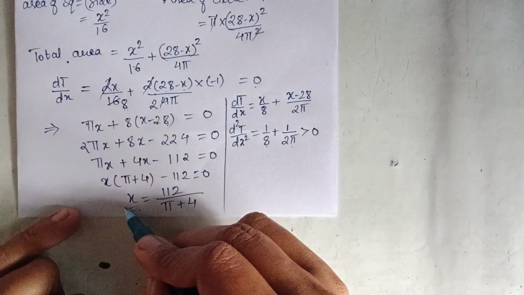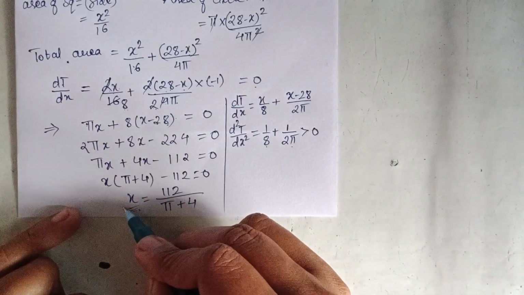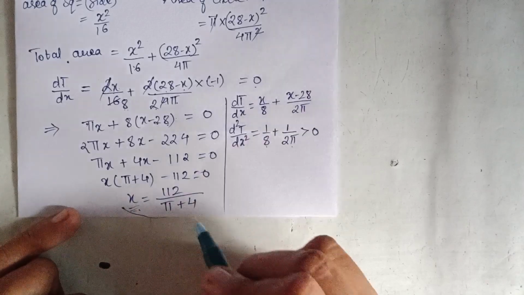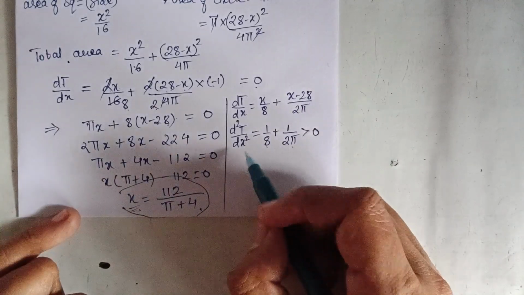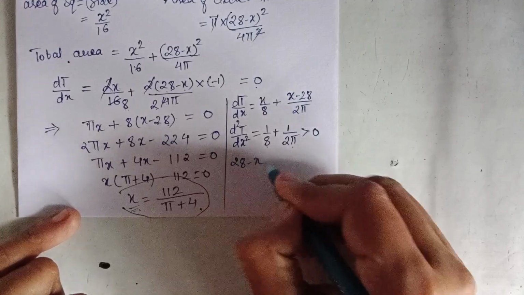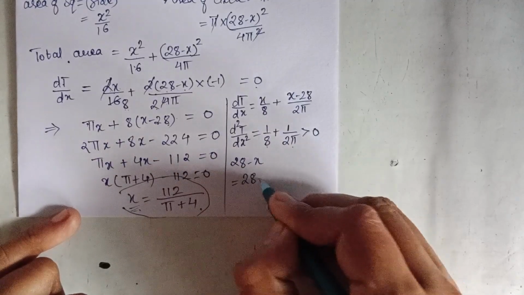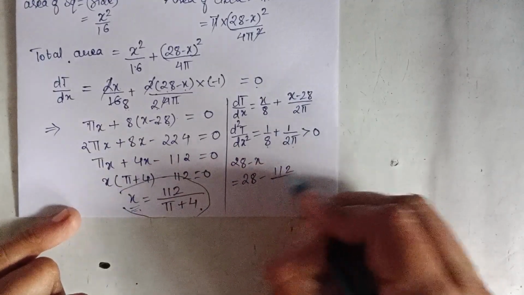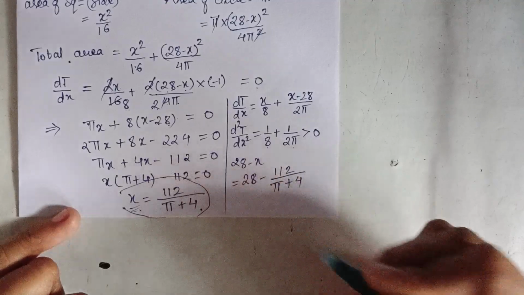So we have here x. What will be our other length? That is 28 minus x, which is 28 minus 112 upon pi plus 4.